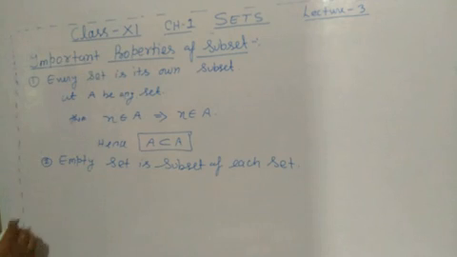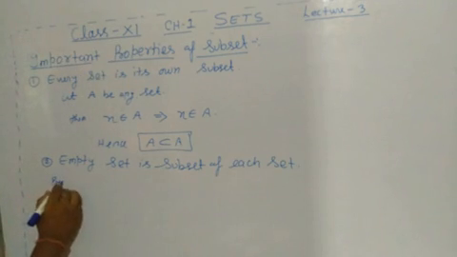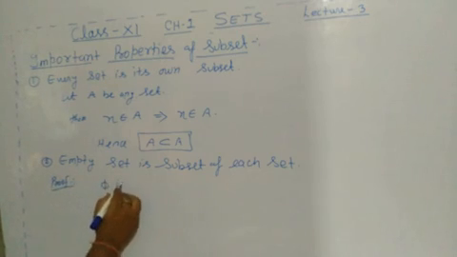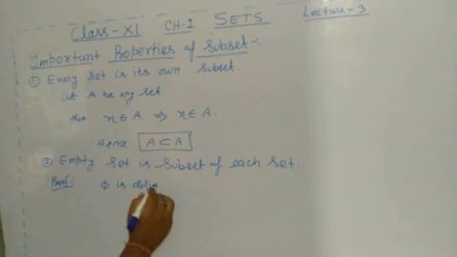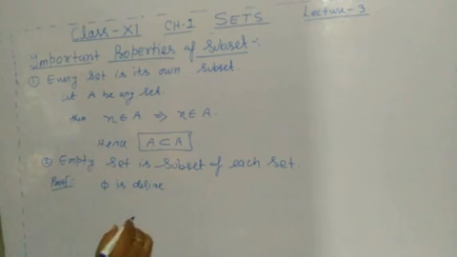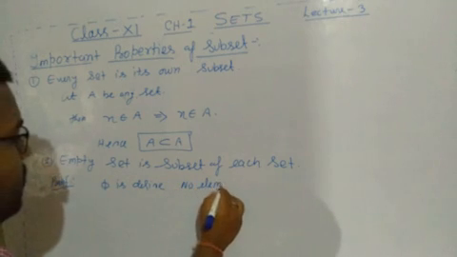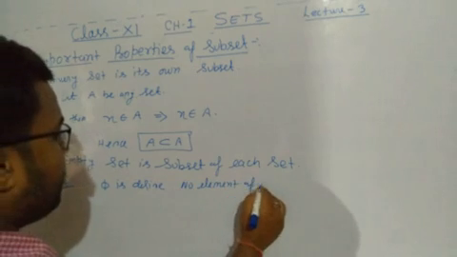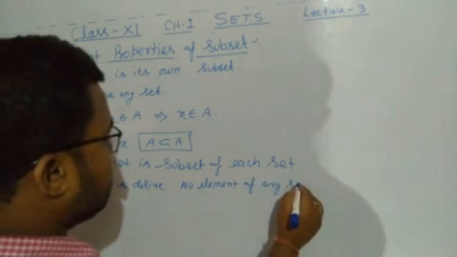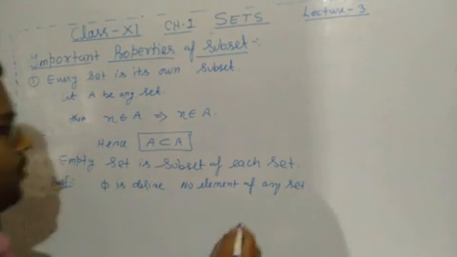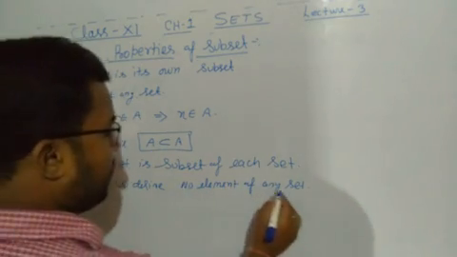Proof: phi is defined as having no element of any set. Phi means empty set, null set, so phi is not defined with any element, no element of any set.